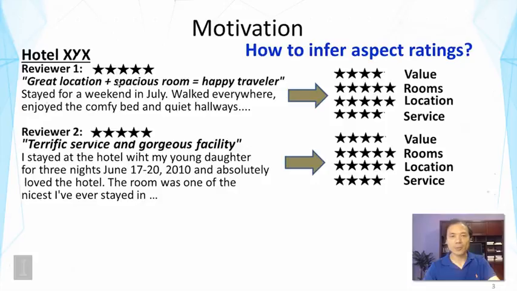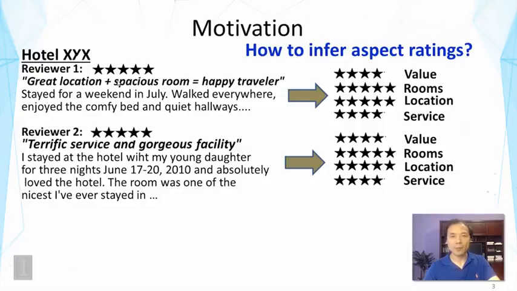And this would also allow us to rank hotels along different dimensions, such as value or rooms. But in general, such detailed understanding will reveal more information about the reviewer's preferences, and also we can understand better how reviewers view this hotel from different perspectives.